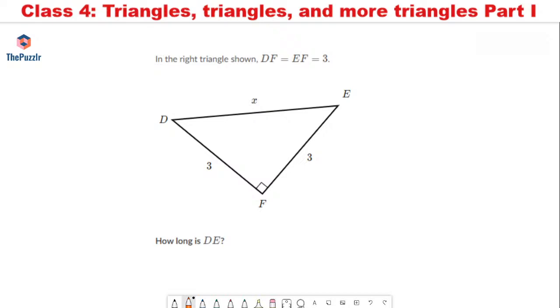Remember, in a right triangle, it's 3. So if the legs are h, then the hypotenuse is h root 2 in a 45, 45, 90-degree triangle.